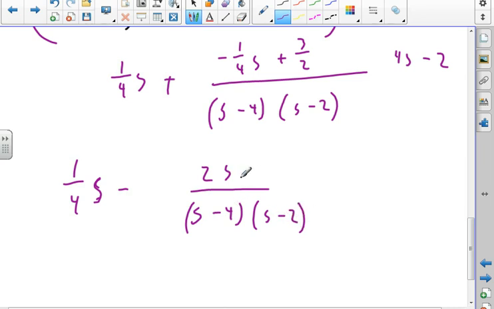Okay, so that's what I want on top. And to have a 2s, I'd have to bring out a minus 1/8. Okay. And then how do you get to 4 minus 2 is 2. How did I get 2s? But there's no s in the second term.